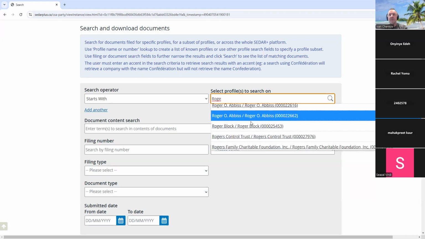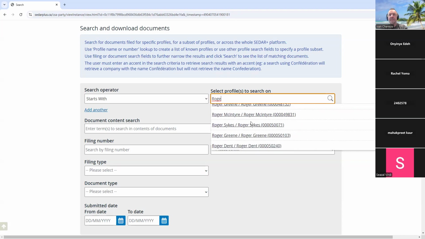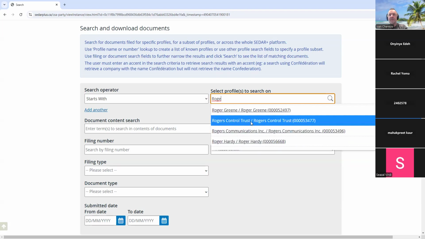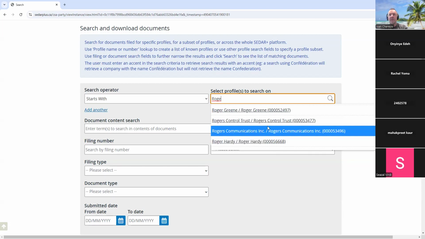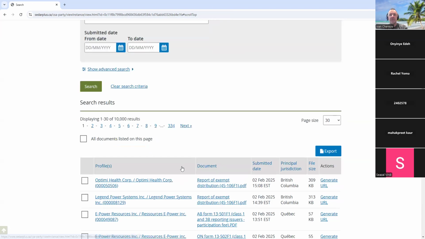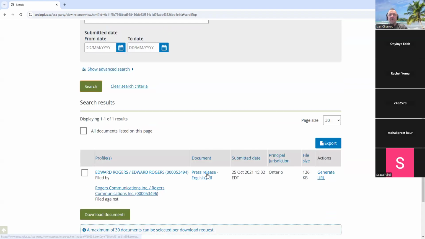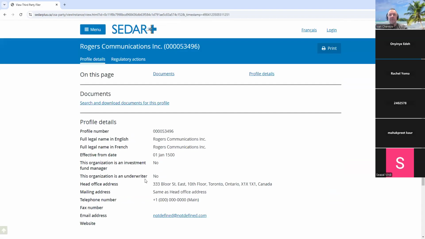Let's see what other options we have here for the Rogers. Let's see how many companies we have. Rogers Communication. I'm going to stop on this one. Let's see if I choose the right company here. So once we click on this one, we're going to click search and Rogers Communication. Let's click on this company.